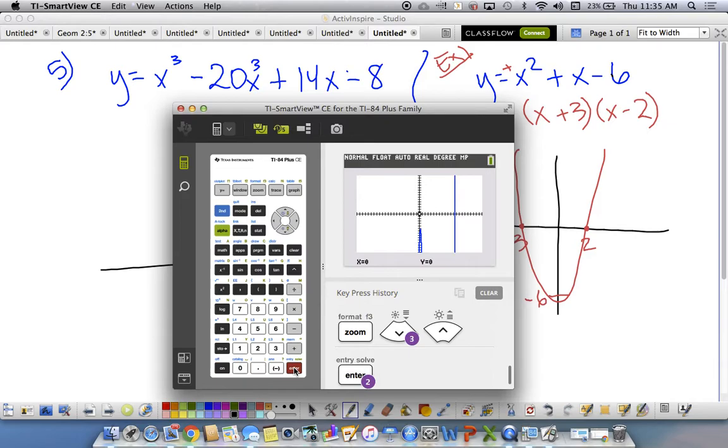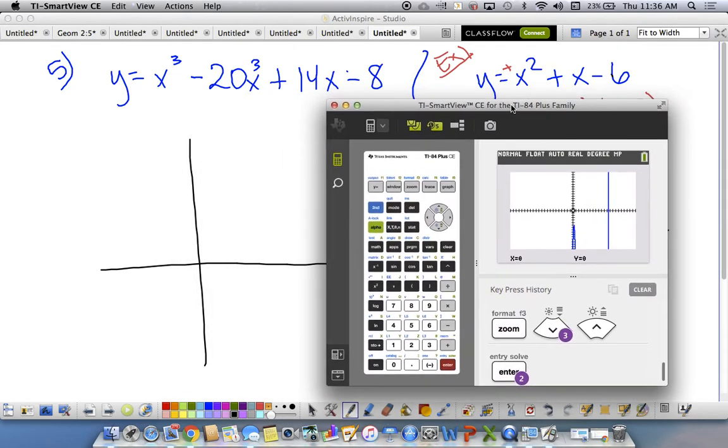You need to be at 0, so go around 0, 0, and hit enter. So to zoom out from that point, you have to hit enter twice. Okay, that's so tiny. So this graph, being a cubic function, we know it's going to hit at -8.